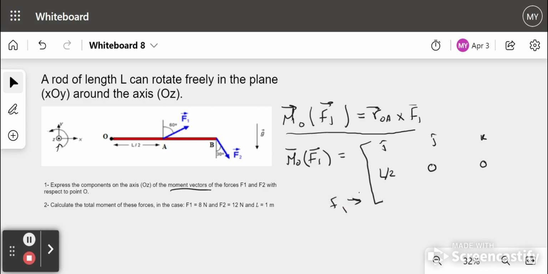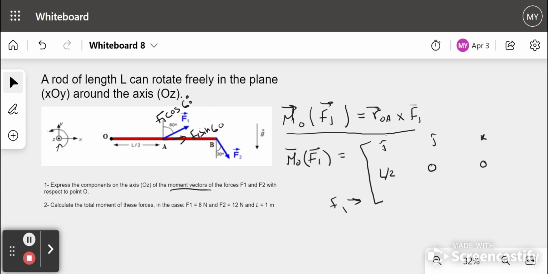Right now this is for the force F1. So our force F1 is actually in the X and Y plane. So there is an angle with the Y axis. So going back to mathematics, this is going to be F1 cosine 60. Okay, so if you don't know how to do this, let me know in the comments. I will do a special lecture about this, okay? And this is going to be F1 sine 60.